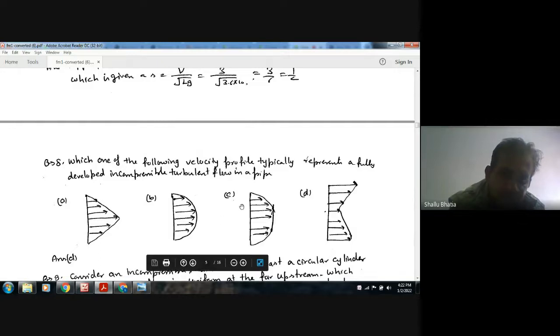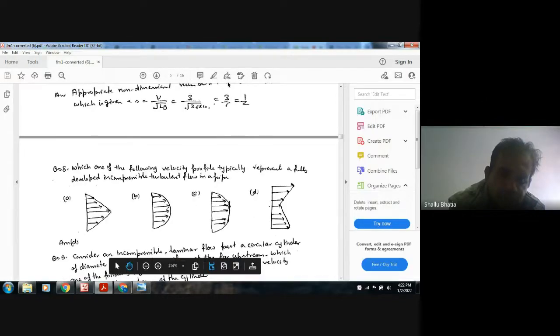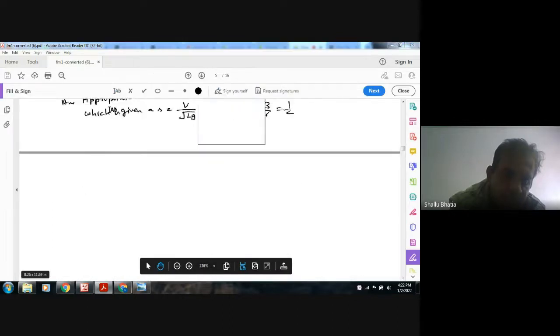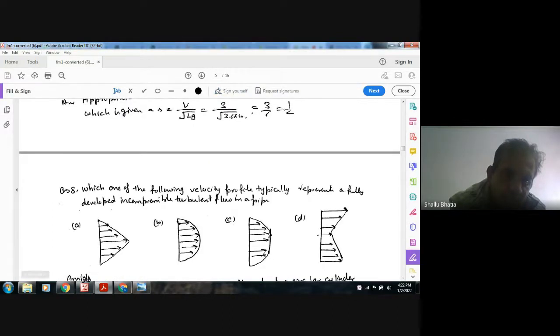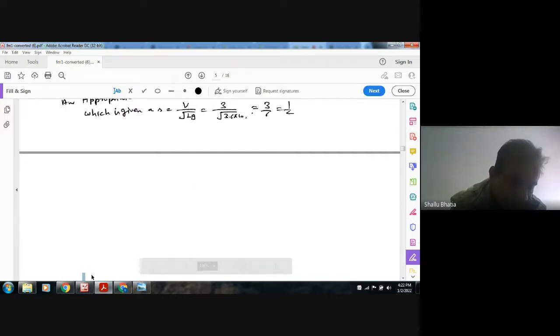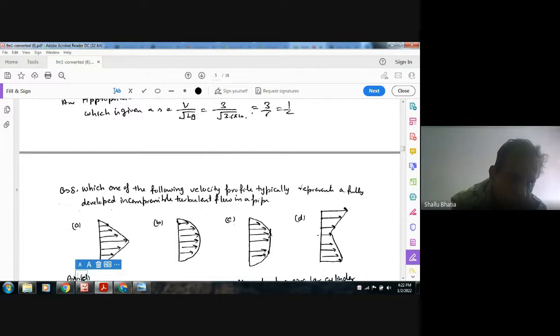Okay. Here, which of the following velocity profile typically represent the fully developed incompressible laminar flow? So answer is here it is D. Sorry, C. Okay. So this is the velocity, it is maximum in a range.